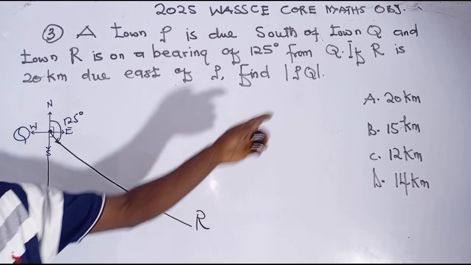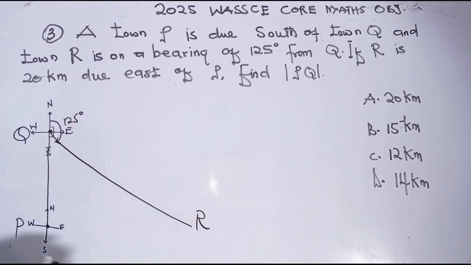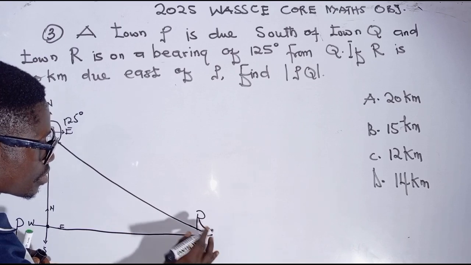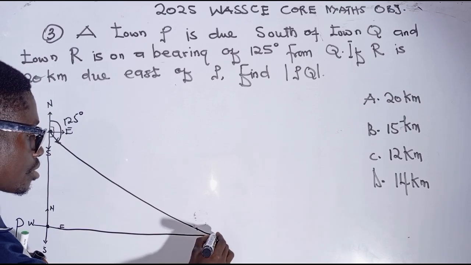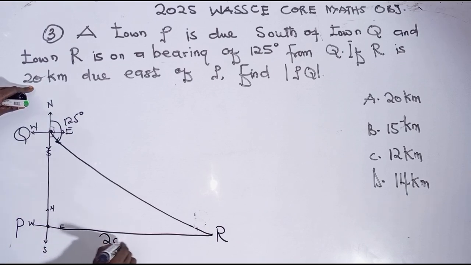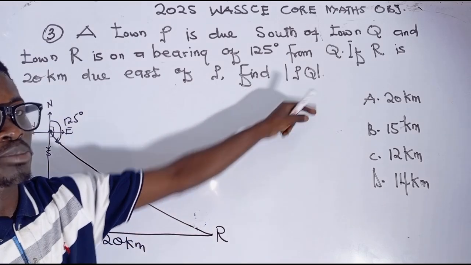Let's continue. R is 20 kilometers due east of P. So this is P, and due east is at this very side. So we are going to extend the line of east till we get to R, and then we have 20 kilometers due east of P. Now we want to find the length of PQ.